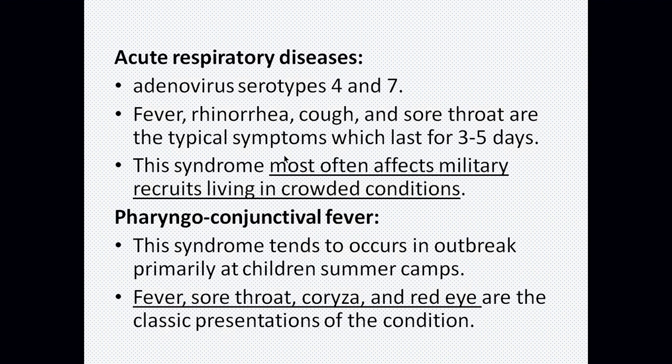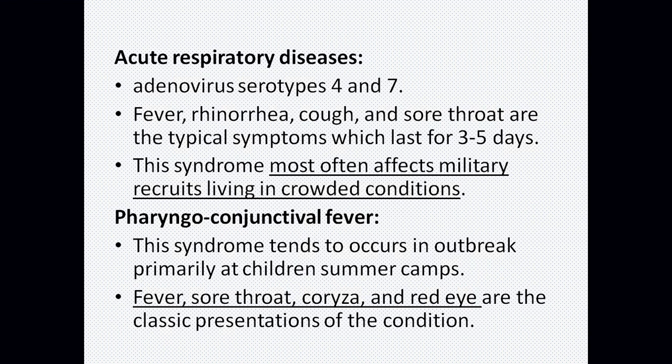Then pharyngoconjunctival fever. Pharyngoconjunctival means the pharynx and conjunctiva both get affected. Therefore there is fever, sore throat, coryza and conjunctival involvement causing a red eye, that is conjunctivitis. This is particularly seen in an outbreak pattern, primarily in children attending summer camps.